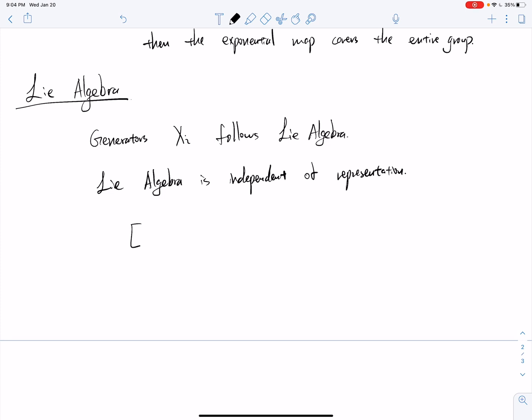So what is it? [xi, xj] is equal to i f_ijk xk. So xi, xj, and xk are different generators, and this bracket means commutation. And this f is the structure constant.